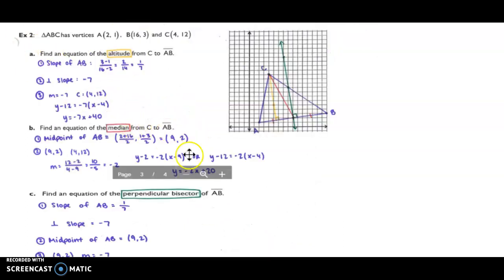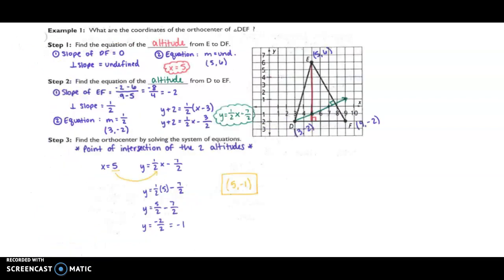These are some more of the same problems. You can go through these examples and note solutions on your own carefully. Same thing with this one, doing altitudes. Find the orthocenter. This is a systems problem.